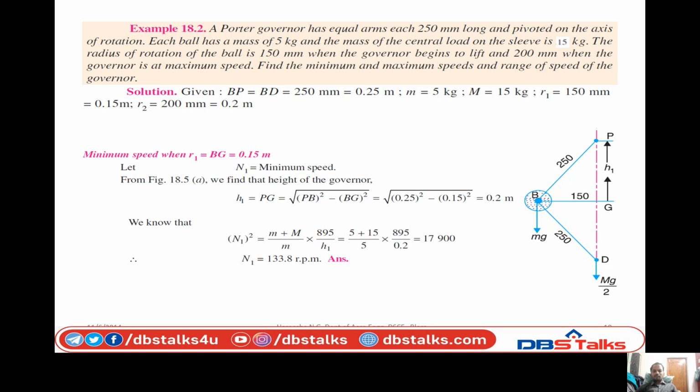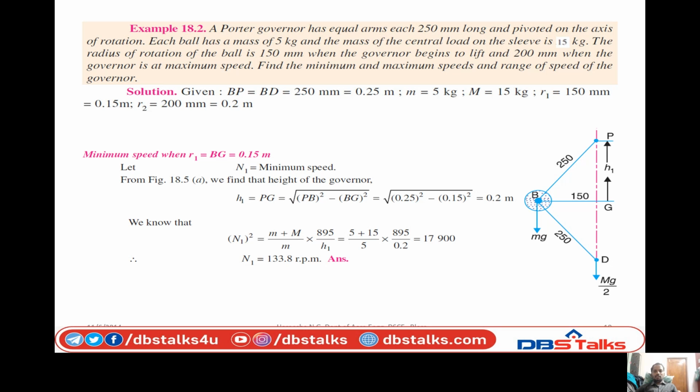What they are giving is that when the governor begins to lift, at that time they are maintaining a speed of 115. When the lift reaches the maximum position, the speed of the governor also reaches the maximum speed, that is 200.